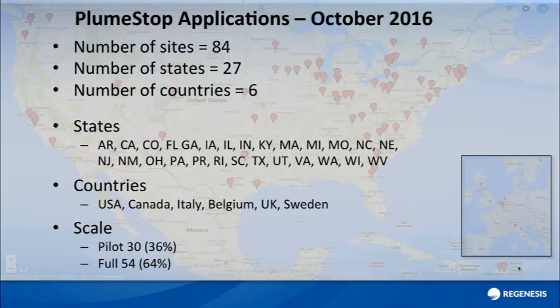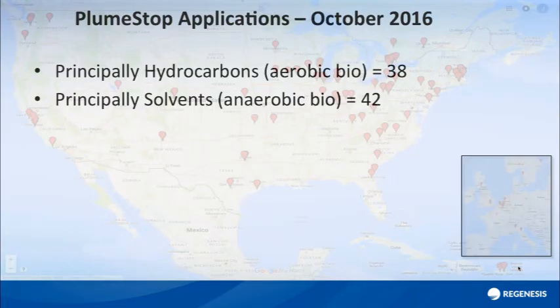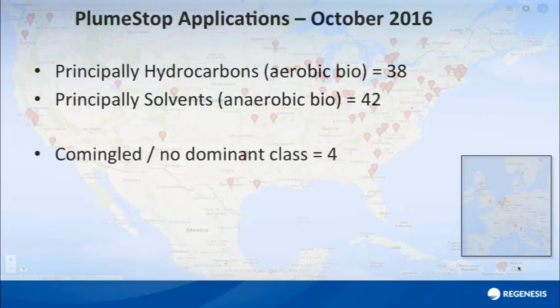What about the contaminants that have been treated? Well, in terms of the wider classes of aerobically degrading rather than anaerobically degrading species, it's more or less half and half. It's pretty much 40 each of sites which have had aerobically degradable species, petroleum hydrocarbons, BTEX, etc., and anaerobically degradable species such as the chlorinated ethenes, chlorinated ethanes, etc. About 4 of the sites were mixed solvents and hydrocarbons together, for example.